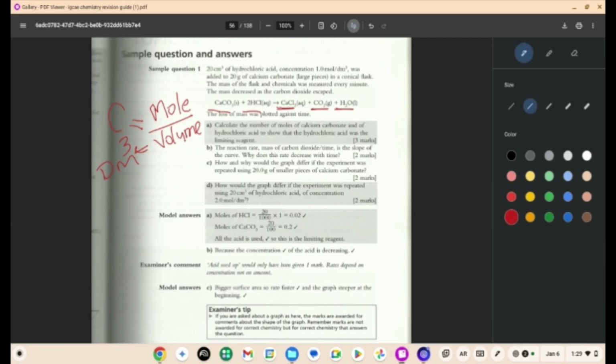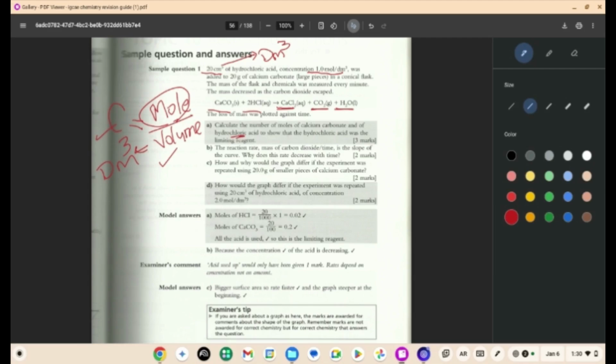Let's start with hydrochloric acid. The number of moles of hydrochloric acid is unknown, but we have the concentration and we have the volume. The concentration is 1 mole per dm³ and the volume is 20 cm³. We have to convert this cm³ into dm³ first.